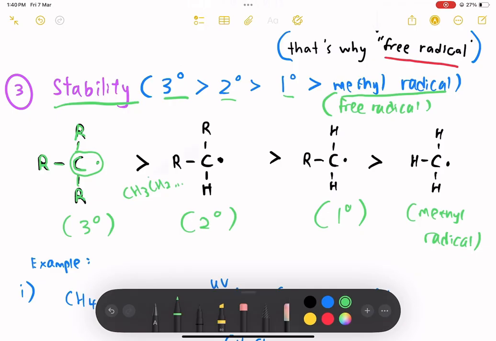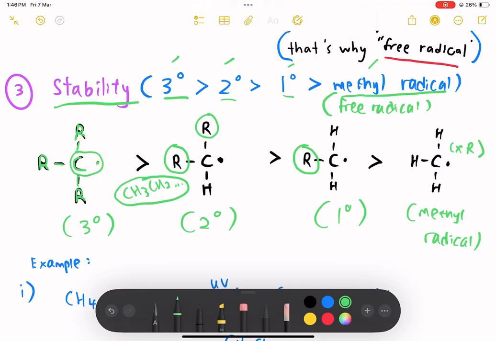So when it is attached to 3 alkyl groups, it becomes tertiary. For secondary, it is attached to 2 alkyl groups. This one is attached to 1, and this one does not attach to any alkyl, so this one is a methyl radical. So the stability follows tertiary, then secondary, then primary, then lastly methyl radical.